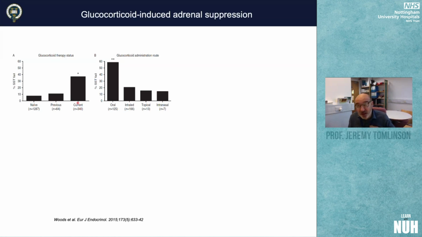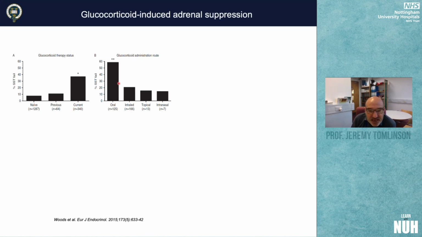We took about 2,000 or 3,000 patients that had synacthen tests, and we pulled out those that had glucocorticoid treatments. There were some that were glucocorticoid naive, some that were on previous treatments, and some that were on current. And this is the percentage that were failing the short synacthen test. So if you were currently on glucocorticoid, 30 to 40% of people were failing the short synacthen test. Not a great surprise there.